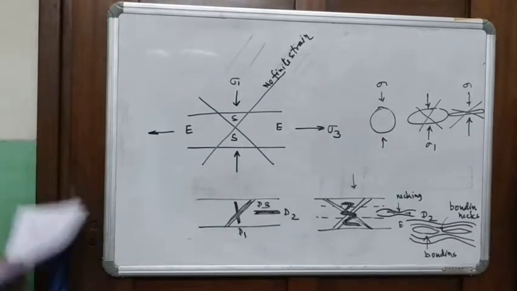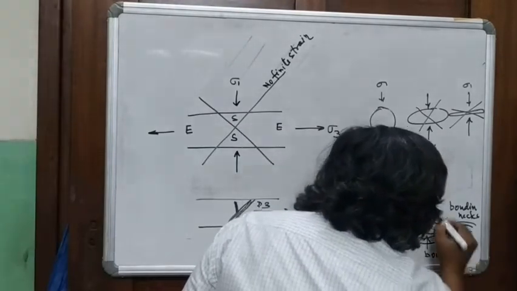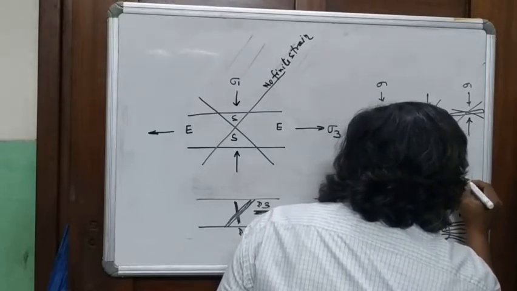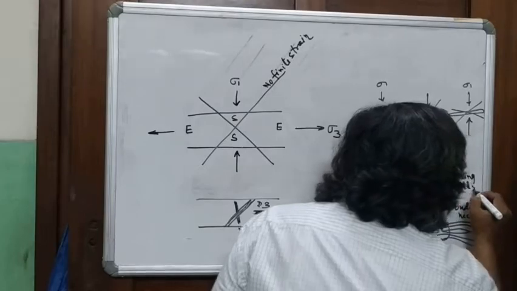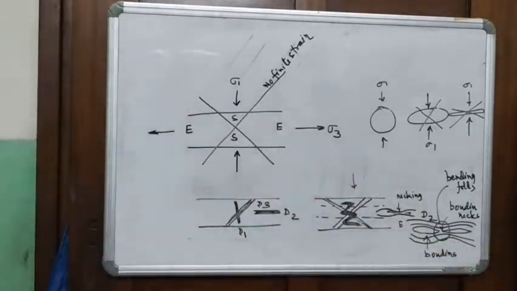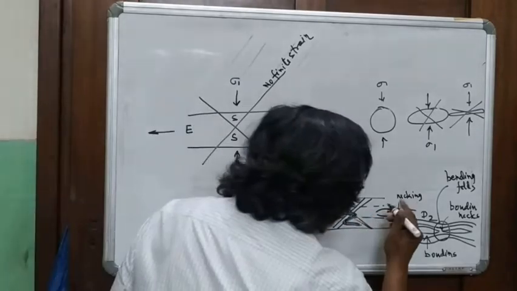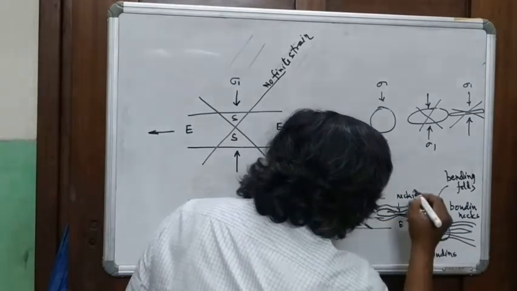And you see there is no folding except in this part. This is called bending folds. These are called bending folds, which happen at the necks of the boudins. So here you have necking, and here also the external foliation will flow like this.